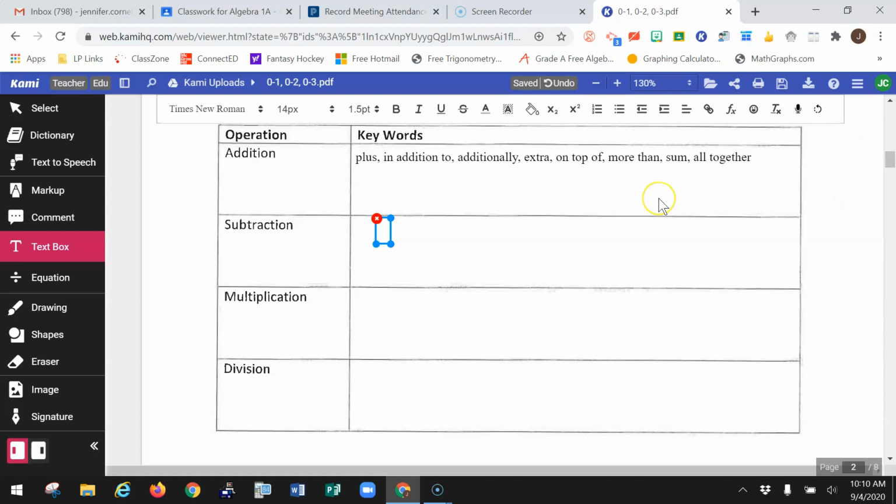Subtraction, some keywords that we might see there: minus, less than, subtracted from, taken away.